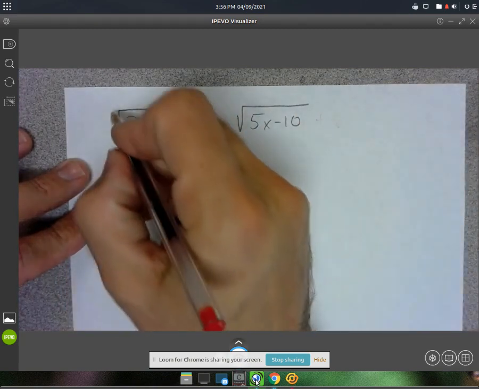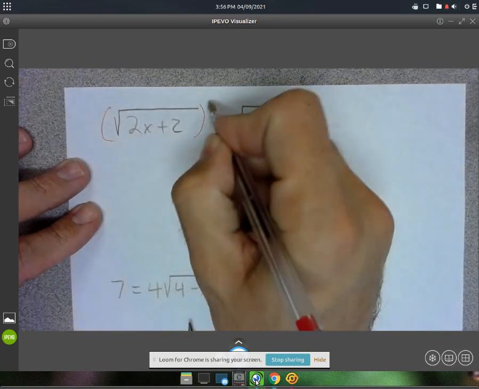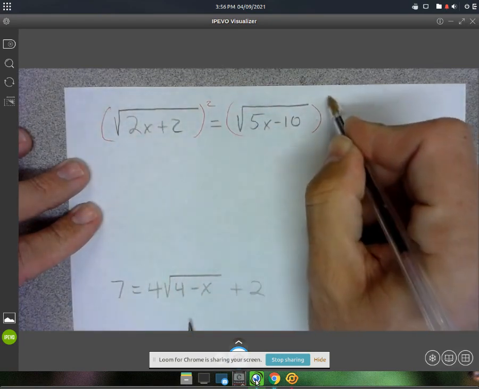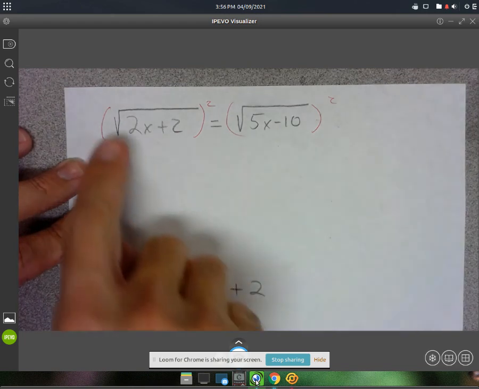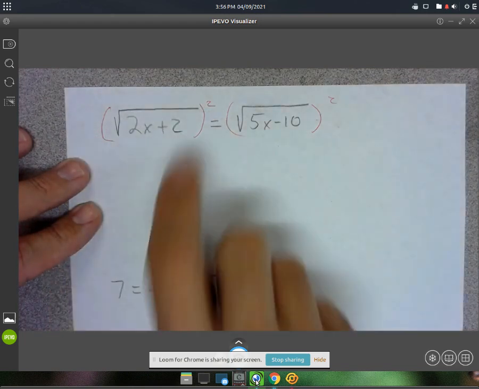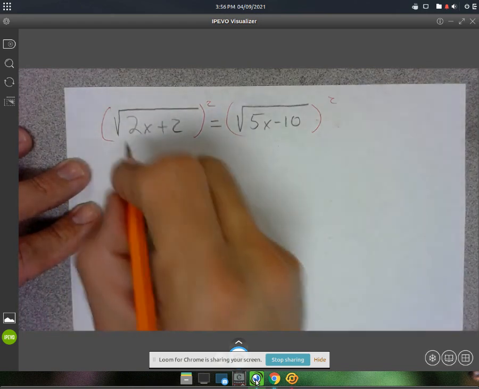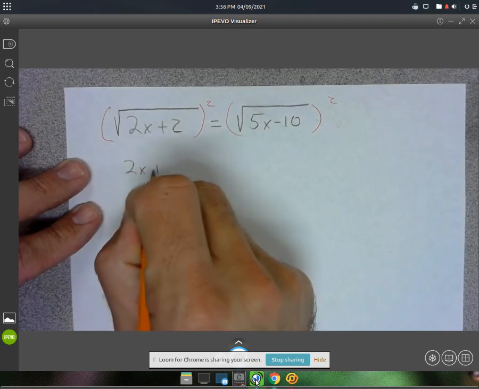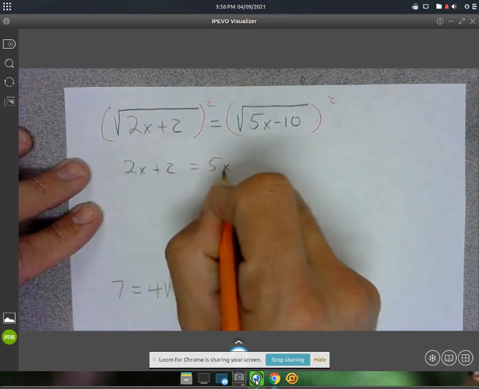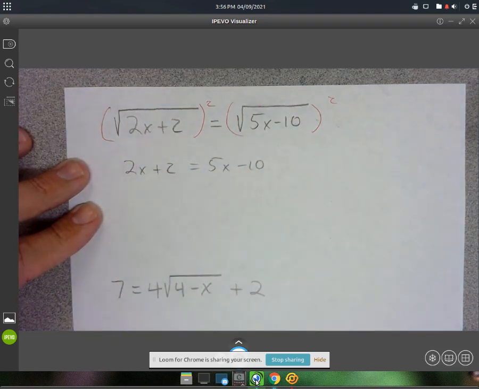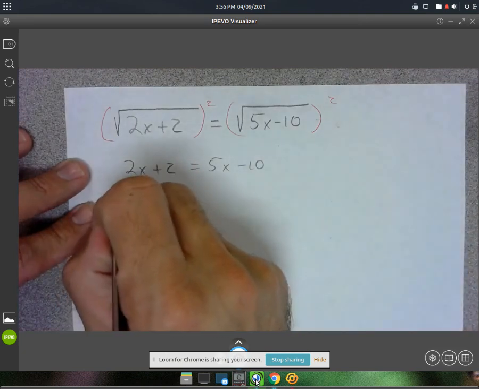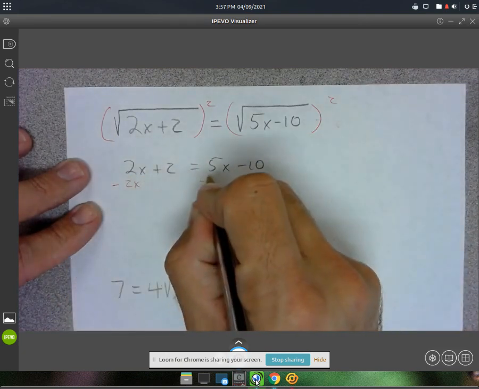Now that it's by itself, what we're going to do is square both sides. And what happens is your square root and your square undo each other. That's going to give us 2x plus 2 is equal to 5x minus 10. All right, and now we just move all of our variables over to one side.